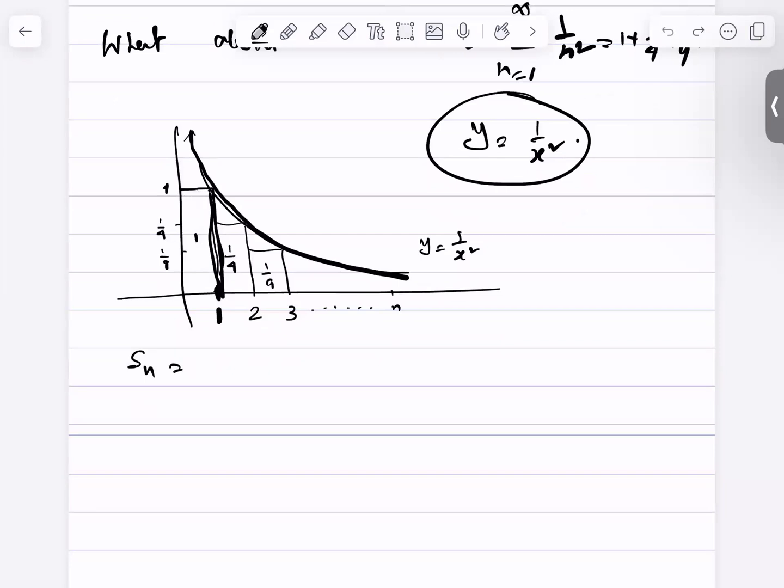If I consider the second rectangle from 1 to 2, having height 1 over 4 and width also 1, then the second rectangle has area 1 over 4.